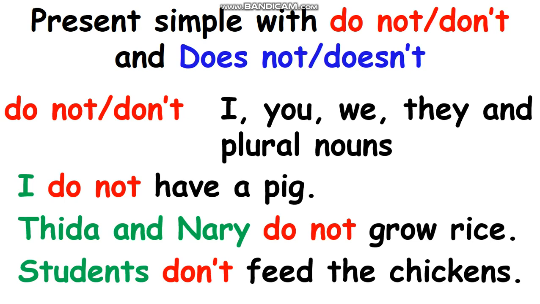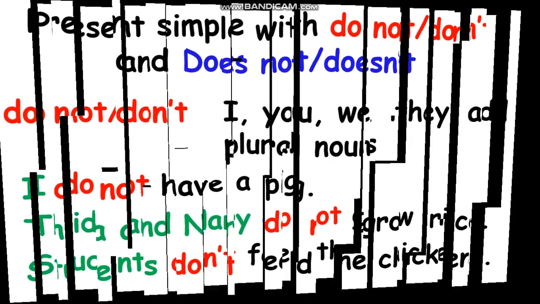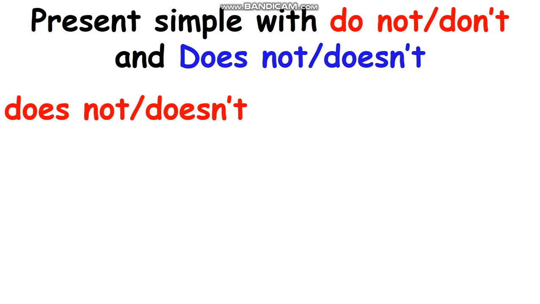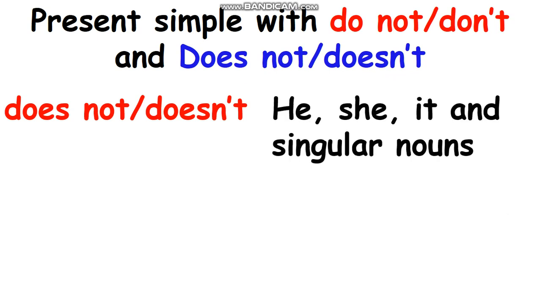Very good. So next is about does not or doesn't. Do you still remember how to use does? Does we use with what, everyone? Very good. Does we use with he, she, it, and singular nouns, right?